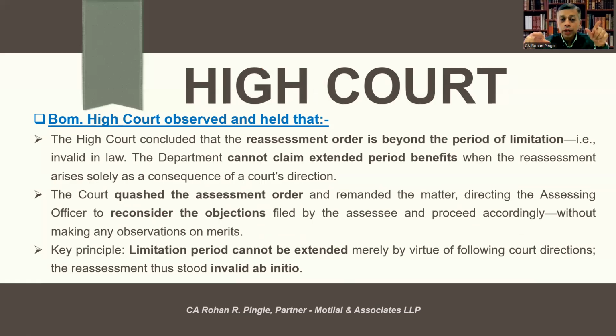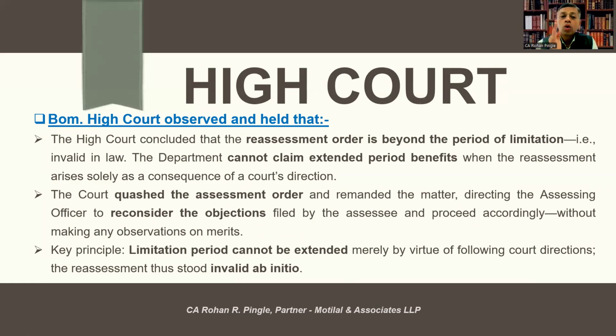The High Court concluded that the reassessment order is beyond the period of limitation, that is, invalid in law. The department cannot claim extended period benefits when the reassessment arises solely as a consequence of the court's direction.